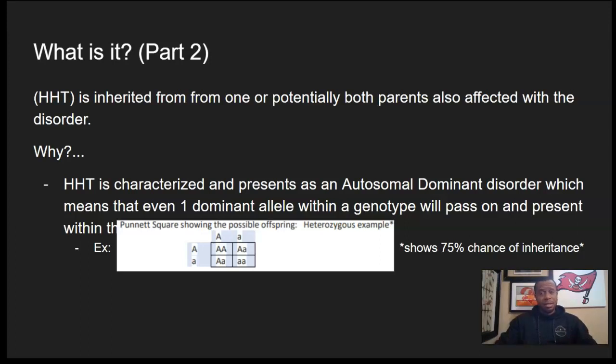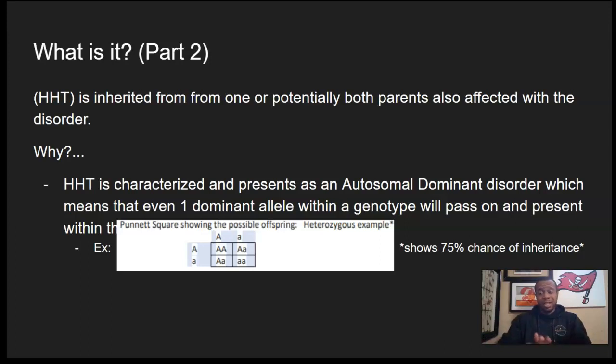So what that means is if there's one dominant allele, whether homozygous dominant or heterozygous, that offspring will be affected with this disorder. In this example, this Punnett square shows two parents with the disorder, both heterozygous.